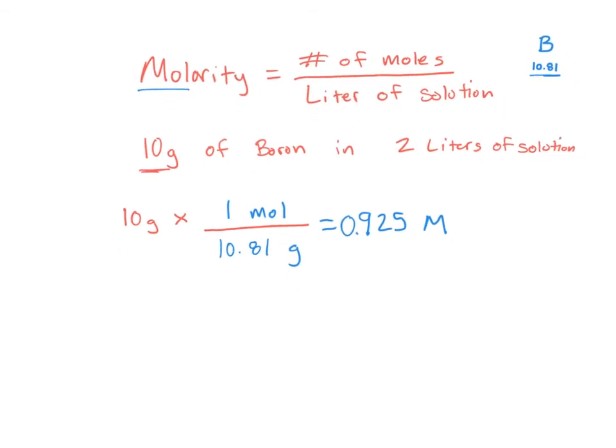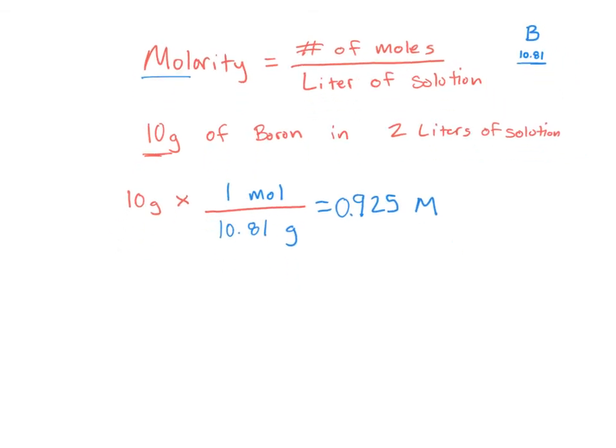All right. So one other example, let's say we have a 0.5 molar solution of boron, and we have 25 liters of water.